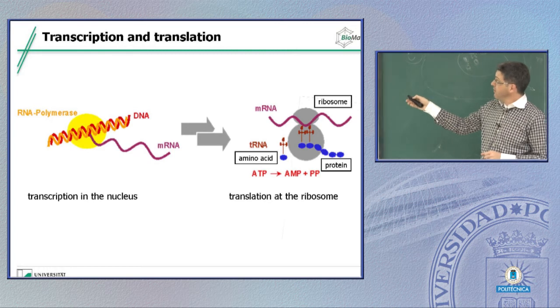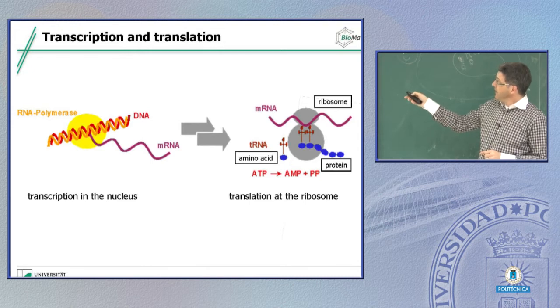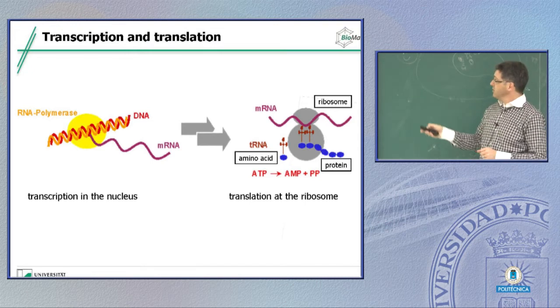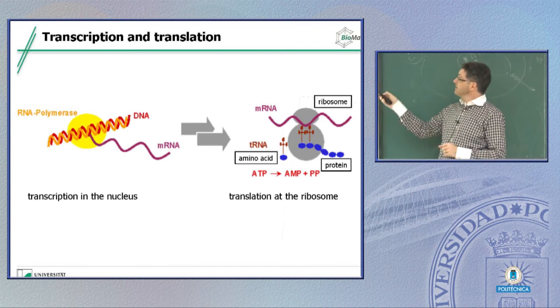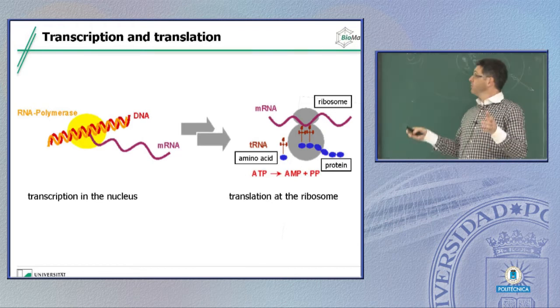So the messenger RNA is recognized by the ribosome. It's running through, and then actually we have here encoded the information for the amino acids, and the amino acids are then just linked together by the polypeptide bond. We heard about that.